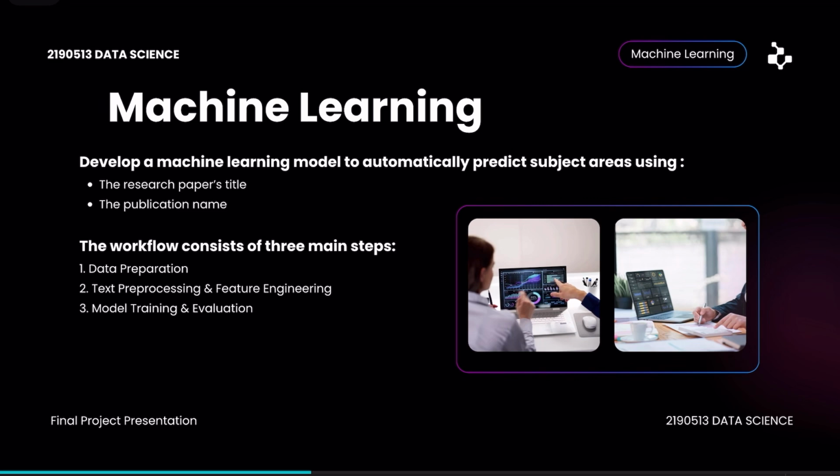With these features, we train our one-vs-rest classifier using XGBoost to predict multiple subject areas for each paper. The model's performance was then assessed through a detailed classification report, and we fine-tuned the decision thresholds to improve the F1 score and achieve a better balance between precision and recall.